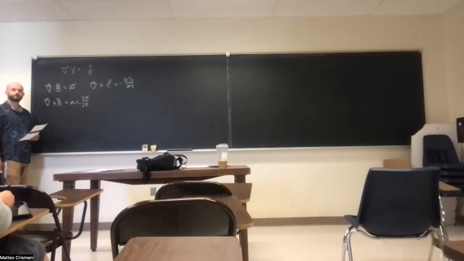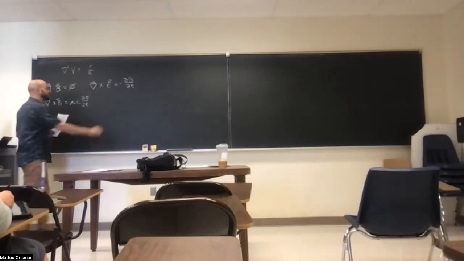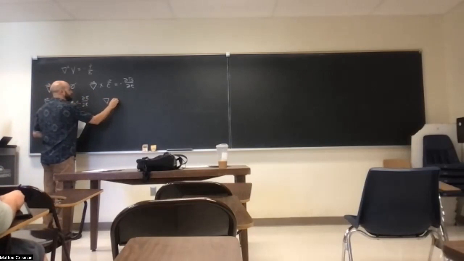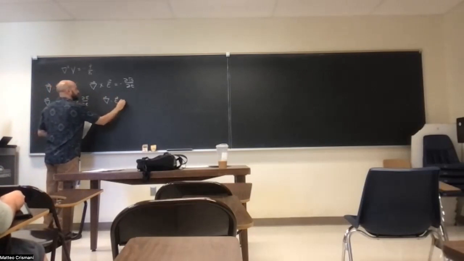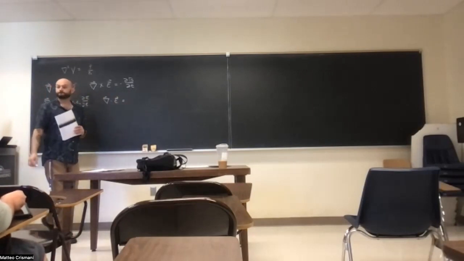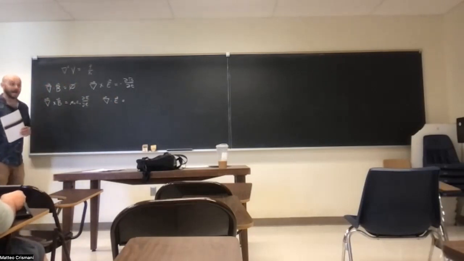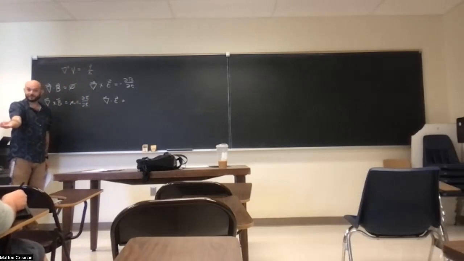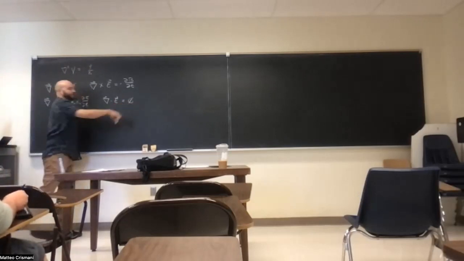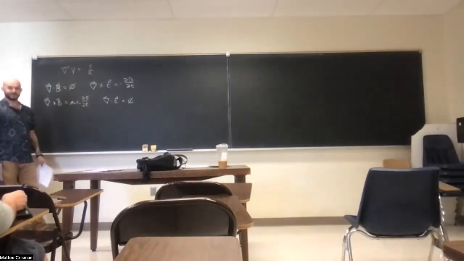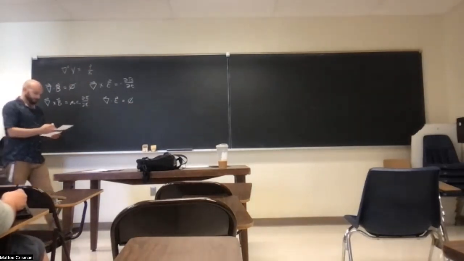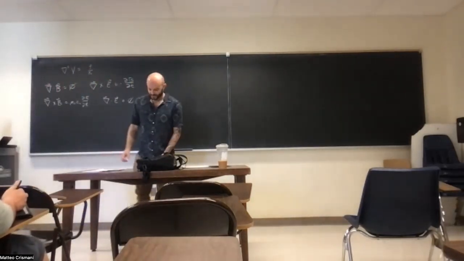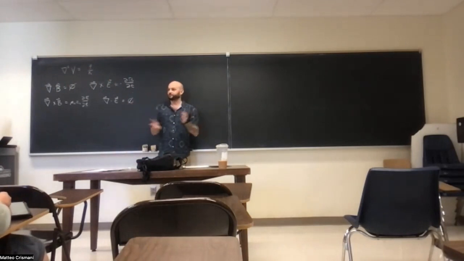And what's the fourth? Del dot E. In the absence of charges, why is it zero? There's no charge, so therefore rho would be zero. Good. Now we're really working with a vacuum.